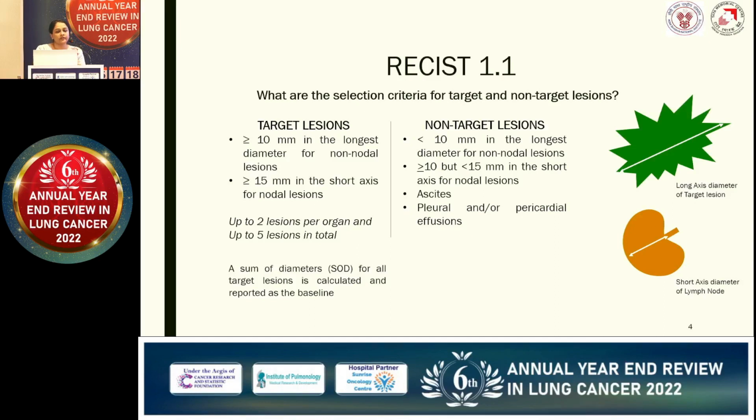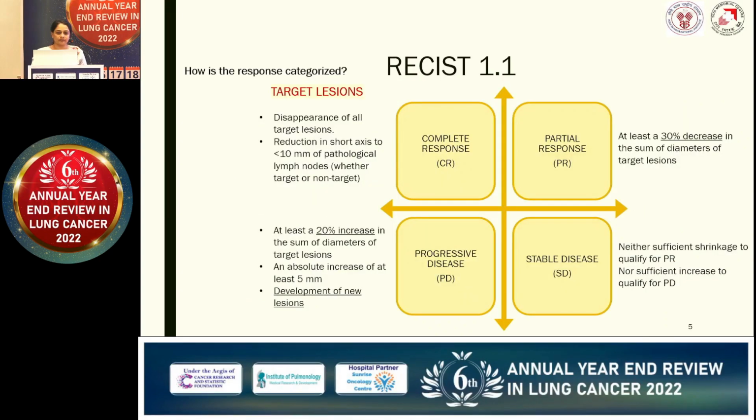What is important to remember here is that we select up to 2 lesions per organ or up to 5 lesions in total for target lesions. And SOD, that is the sum of diameters of all target lesions, is calculated and then reported as baseline, which is then followed up in the subsequent follow-up scans.